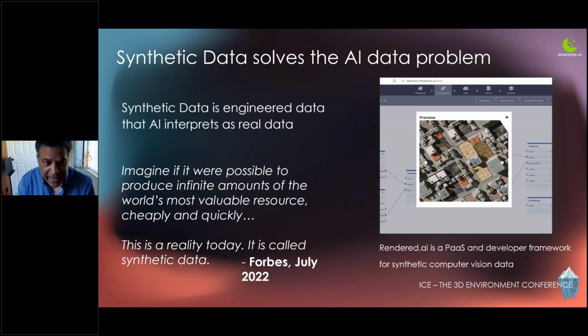Synthetic data has the opportunity to actually solve this AI problem. Synthetic data is engineered or simulated data that AI interprets as if it's real data. And we're seeing that synthetic data is actually well established in the industry today. Some of the major market analyst groups like Gartner and Cole and others have done studies on the availability of, or access to, generation of synthetic data.